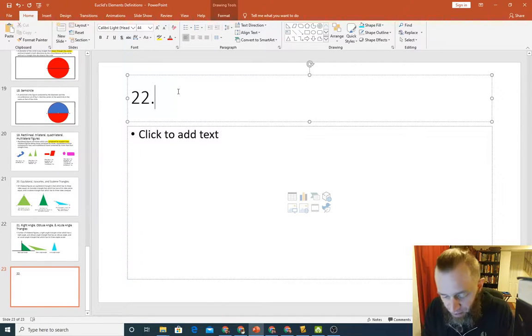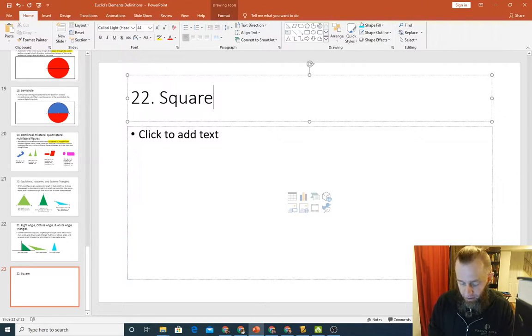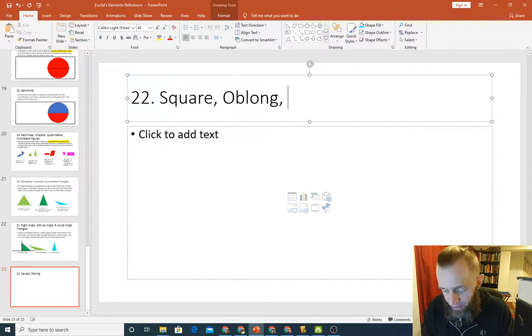Definition 22 is the definition of, take a deep breath, because actually it's a definition of a lot of things. A square, yay, I know you've been waiting for squares. A square, an oblong, should have a capital O there. Squares, square, oblong. We're also going to define rhombus.